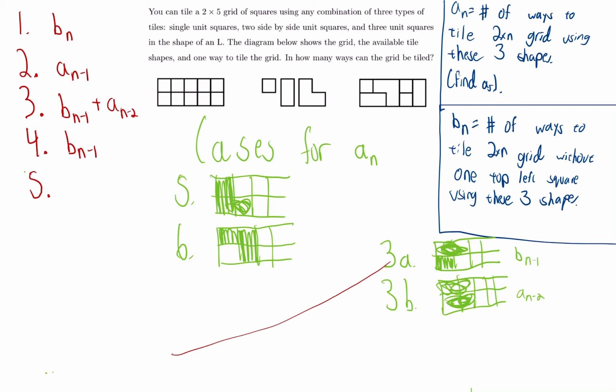It's not one top left square, but rather one bottom left square. But by symmetry, the number of ways to tile that will still be the same. So that's still B of n minus 1. For case 6, we know that this empty square right here must be filled in. So that's just A of n minus 2.